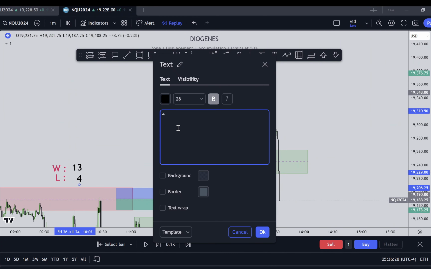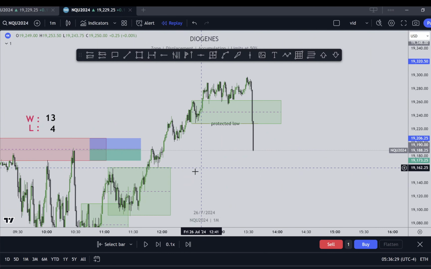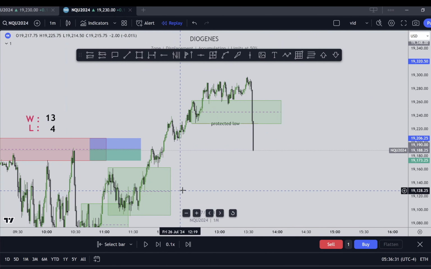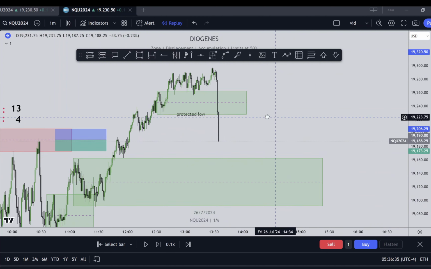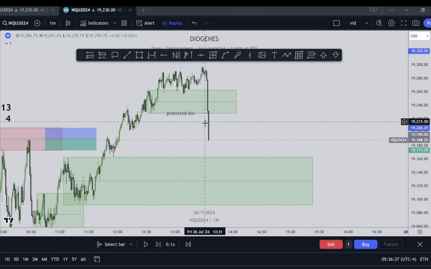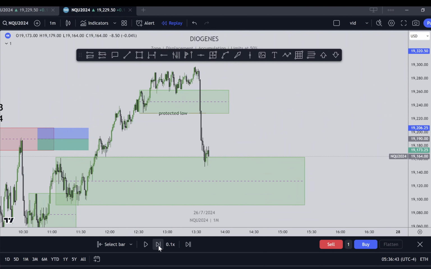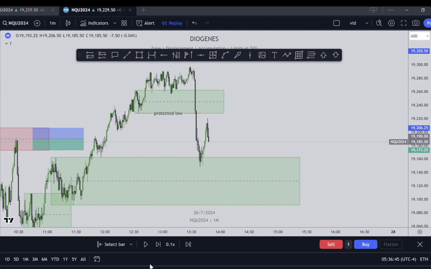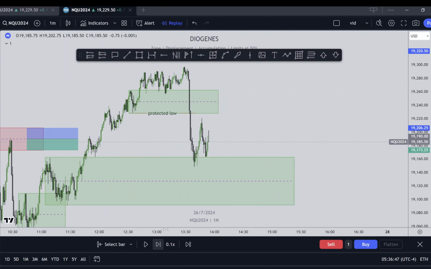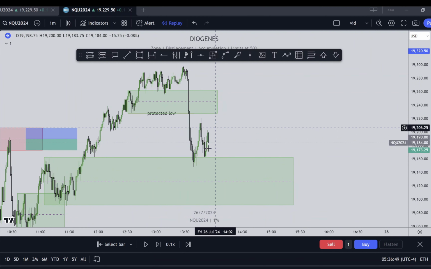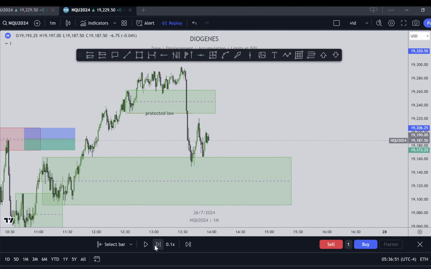4 losses. But we are now bearish to maybe mitigate this zone. Let's see what happens. If they create some bearish structure, I will take the shorts leading into this trade. Okay. So we have our pullback. Will we close under it? I will take the short from this zone.